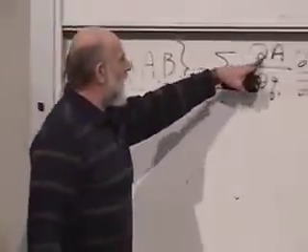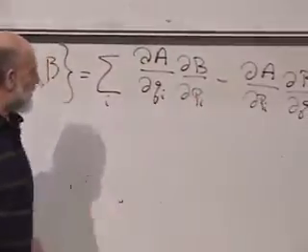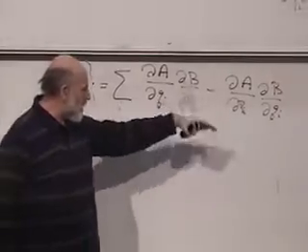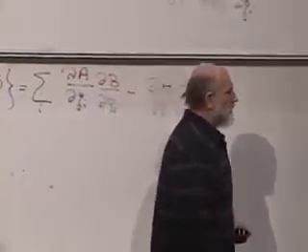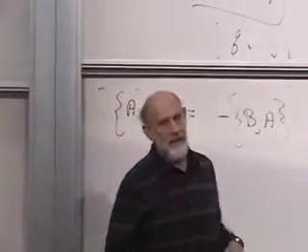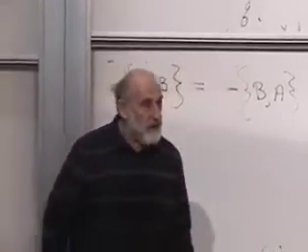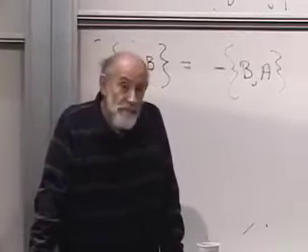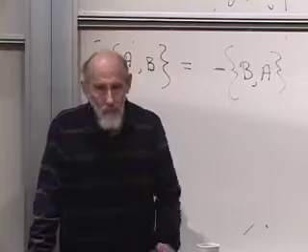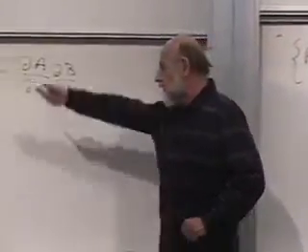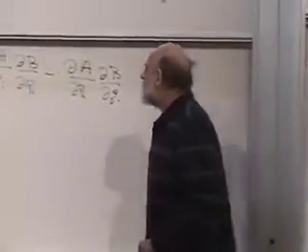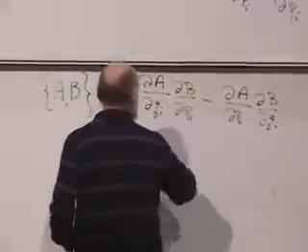If I interchange the A and B, these two terms switch, and this would be minus. So the Poisson bracket is an anti-symmetric expression involving any two functions. That's number one. So you have to remember which one you wrote down first. I have to keep track of it. But this is it. That's its definition.